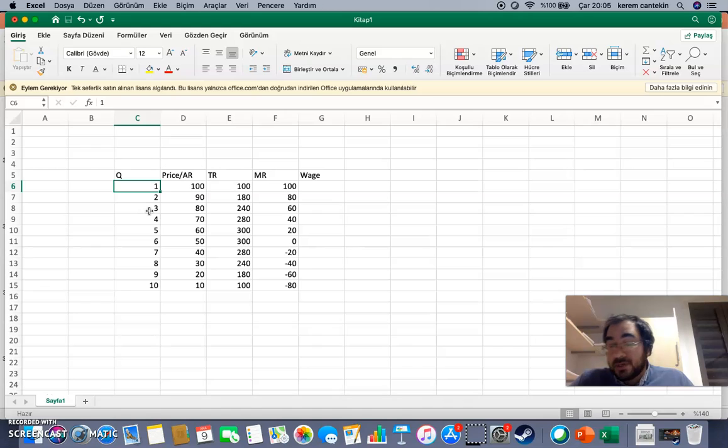maybe again 5 workers. So when you calculate labor cost per unit for every unit of shoe you produce, you need to calculate the wage times the number of workers you hire.